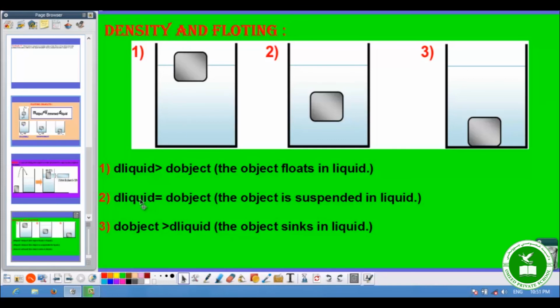If the density of liquid is equal to the density of the object, then it becomes suspended. But if the density of the object is more than the density of liquid, then the object will sink like this. I hope it's clear to you guys.